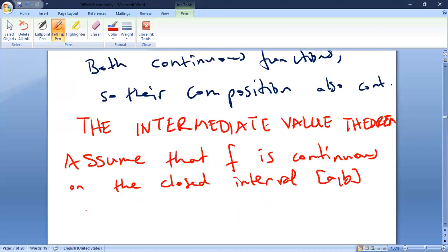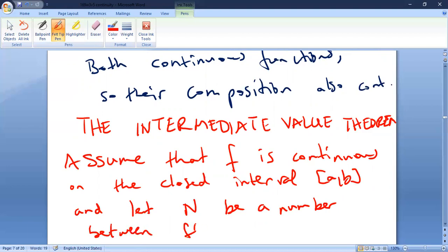And then let n be a number in between f of A and f of B, let's say.